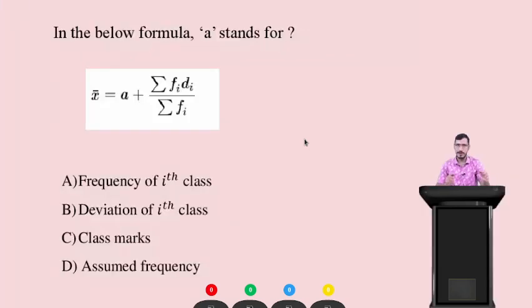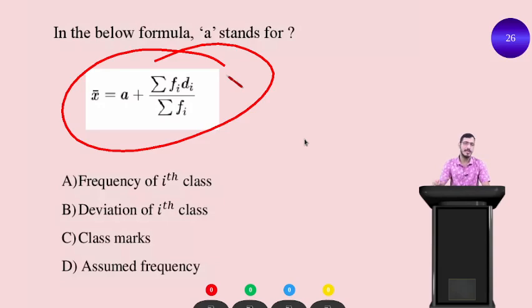Okay students, now it's question time. I have a question for you, and I am giving you 30 seconds. In the below formula, x bar is equal to a plus sigma fi di divided by sigma fi.